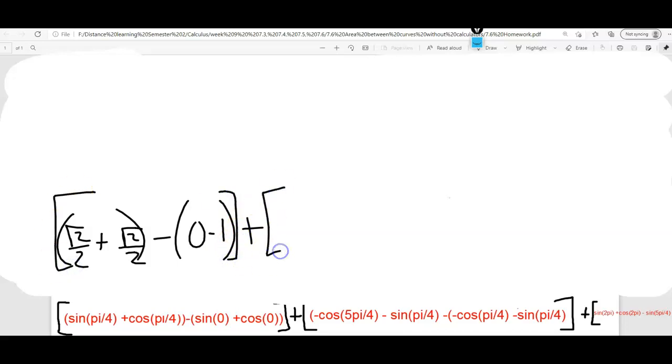The next one. All right, so cosine of 5 pi over 4, that's negative radical 2 over 2, but there's a negative in front here also, so they cancel, and you end up with a positive radical 2 over 2, minus sine of 5 pi over 4, which is also negative, but that has a negative in front of it, so it also becomes a plus.